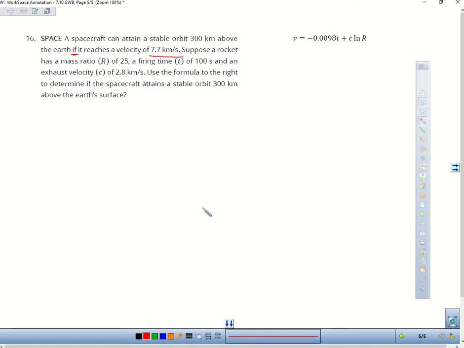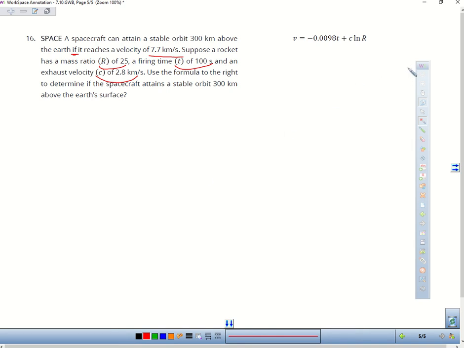Well, we also have to factor in the mass ratio of the rocket, the firing time, and the exhaust velocity. And all of these things coming together will get us to a certain height, right? Because if it's heavier, it's going to affect the speed and all that stuff. There's so many different factors to it. So, as you can see, they gave us R, they gave us T, and they gave us C in the problem, right? Okay.